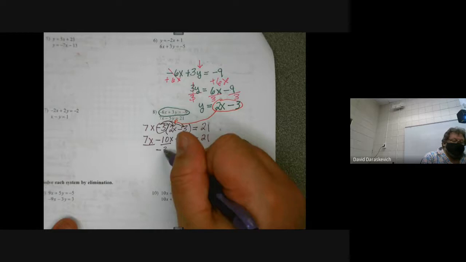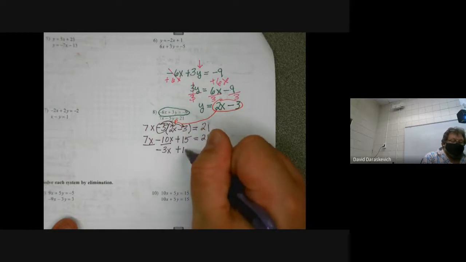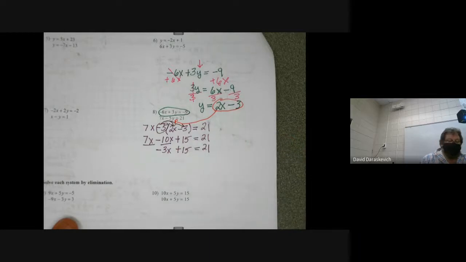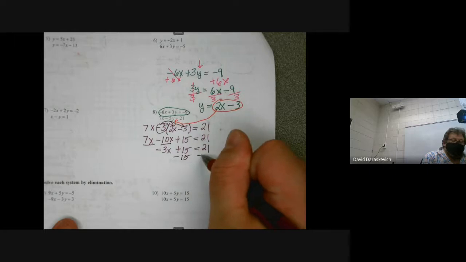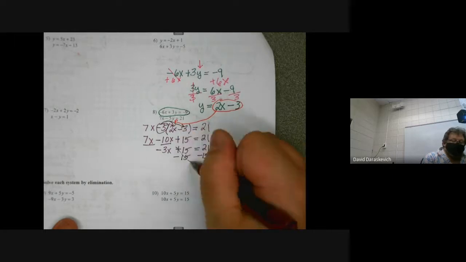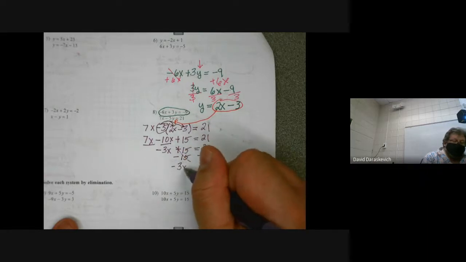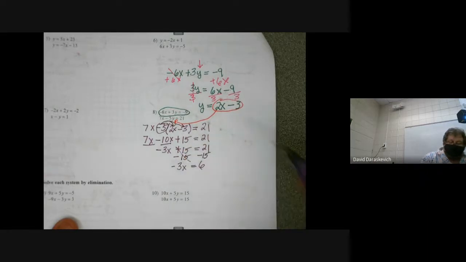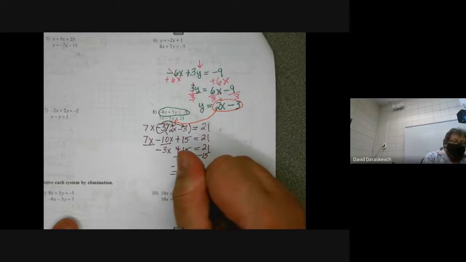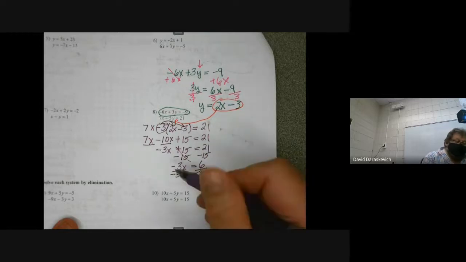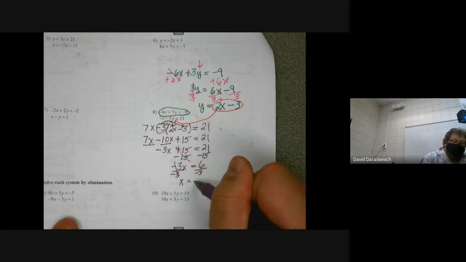Negative 3x plus 15 equals 21. Minus 15, minus 15. I have my negative 3x equals 6. Divide by negative 3. And I get x equals negative 2.